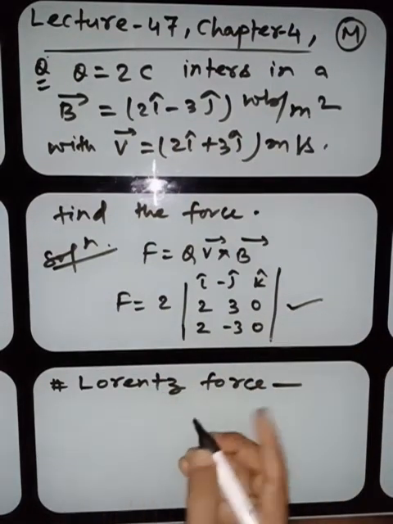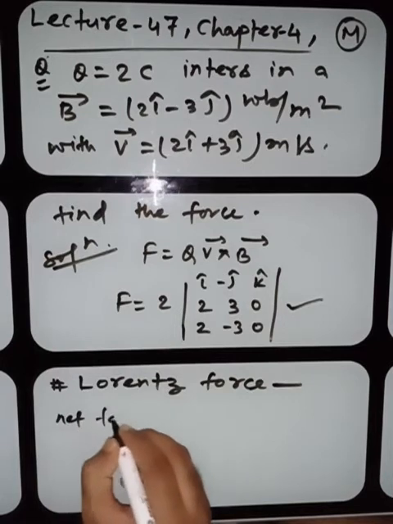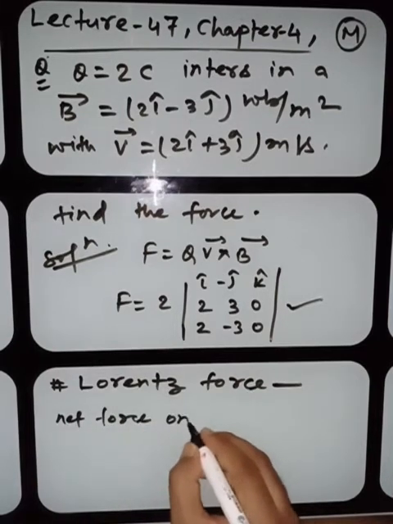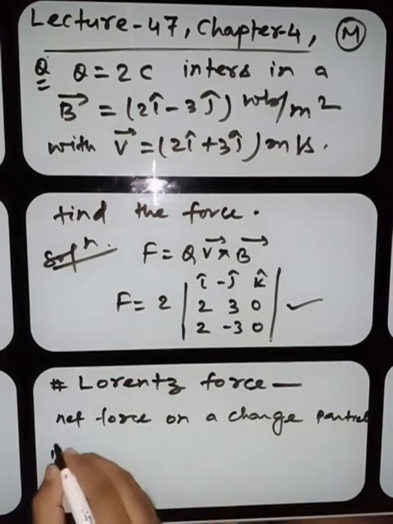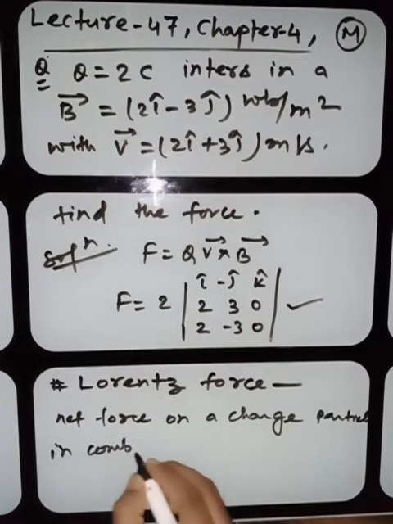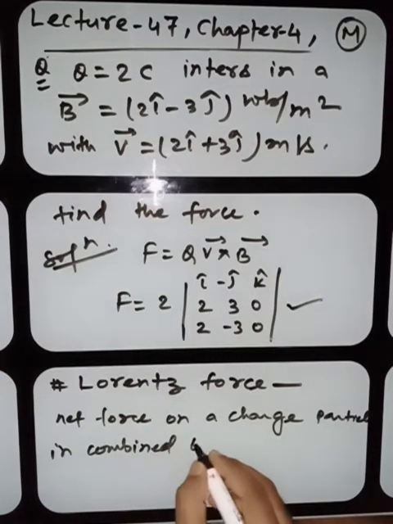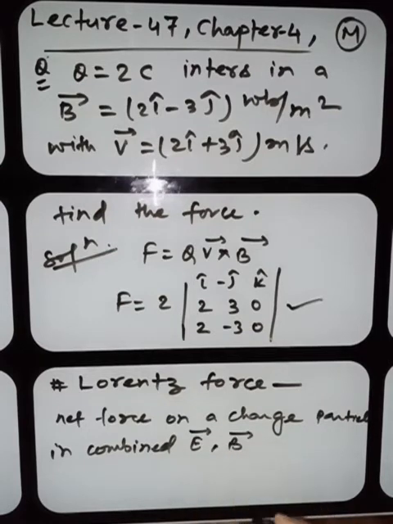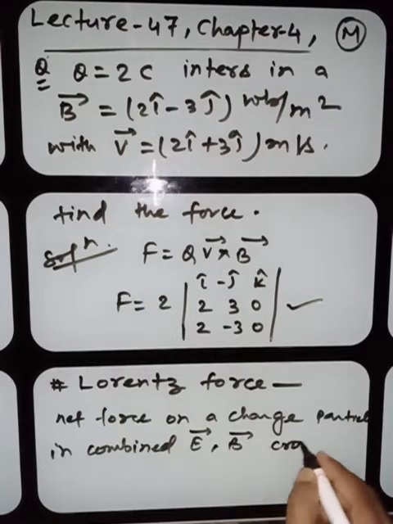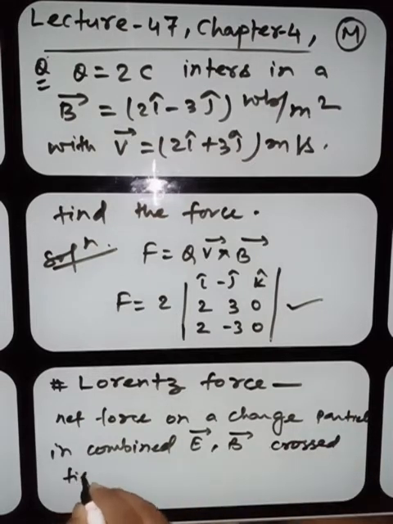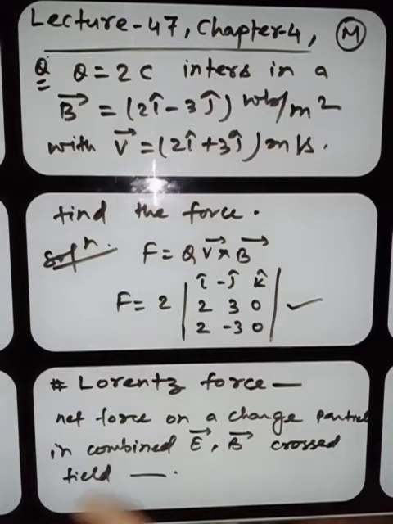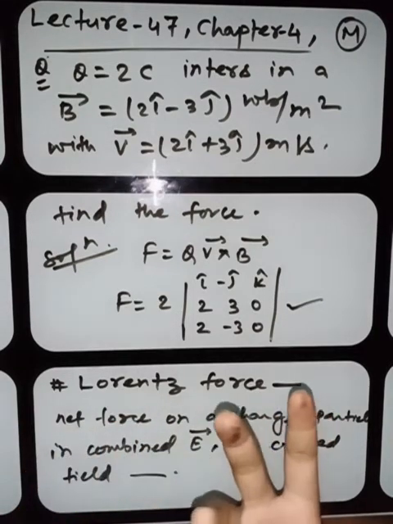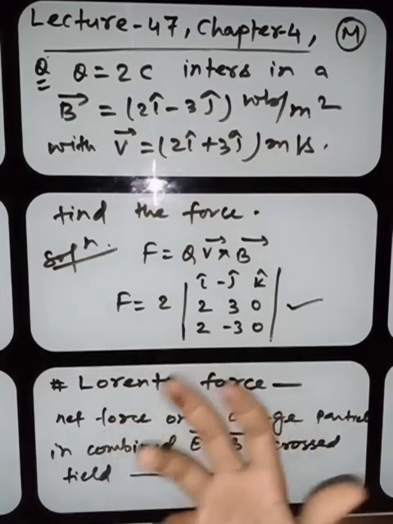You can write: the net force on a charged particle in a combined electric and magnetic cross field is called the Lorentz force.